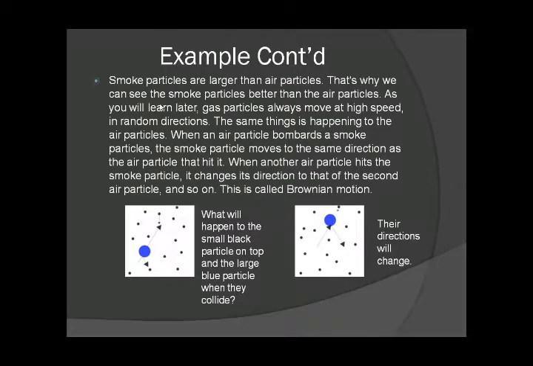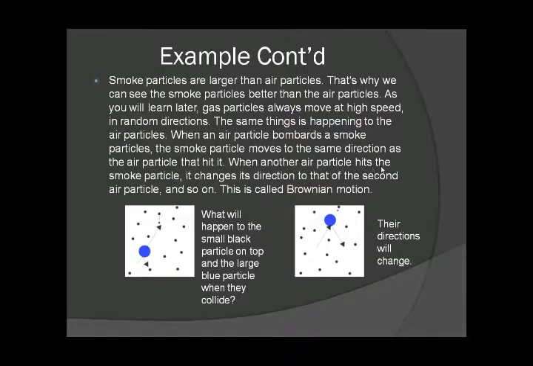The smoke particles are larger than air particles. That's why we can see the smoke particles better than the air particles. As you will learn later, gas particles always move at high speed in random directions. The same thing is happening to the air particles. When an air particle bombards a smoke particle, the smoke particle moves in the same direction as the air particle that hit it.